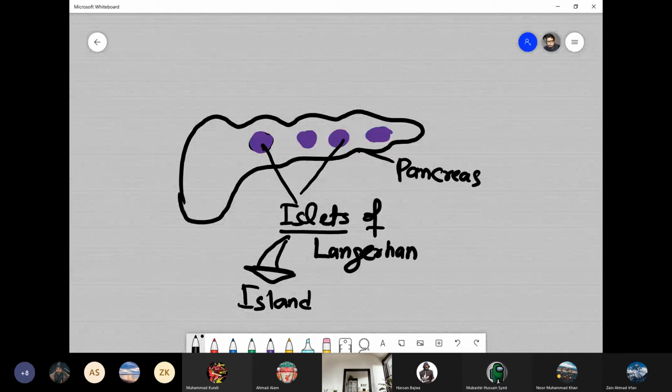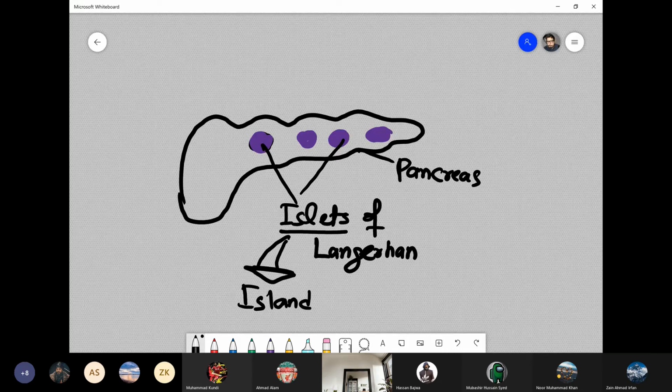As these are special cells around which other types of cells are present, he gave it the name islets. But the question is, why Langerhans? Because there was a scientist whose name was Langerhans. He discovered these cells, and that is why these cells are called islets of Langerhans.